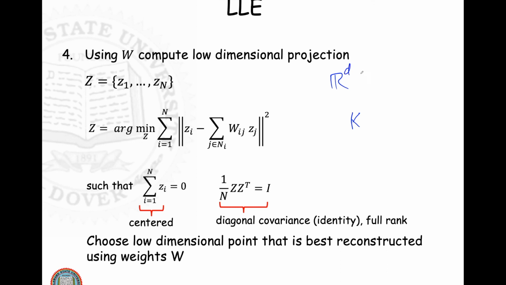We go from R^d to R^k, and we said the size of each neighborhood, the number of neighbors, has to be greater than or equal to k plus 1. Those are restrictions imposed by LLE in order to produce a lower dimensional representation of your data while still respecting the curvature globally and locally of the underlying manifold.